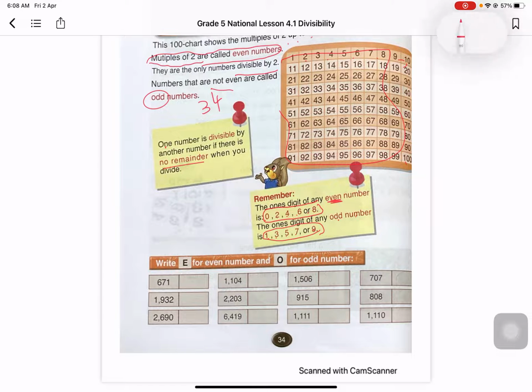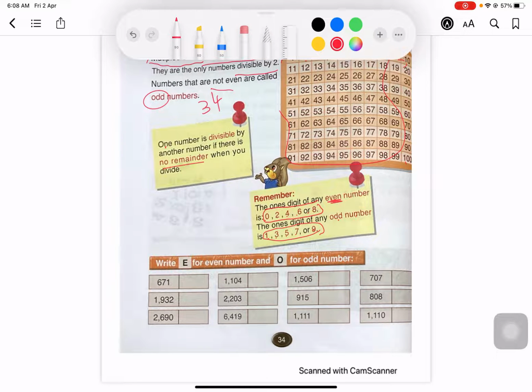So we are not going to write the whole words, you are only going to write the first letter. Look at the ones place, here the 1, here the 2, here the 0. And go back to the numbers above. Remember that if I have 1 and 1 is in this group, so my number here is odd, O.